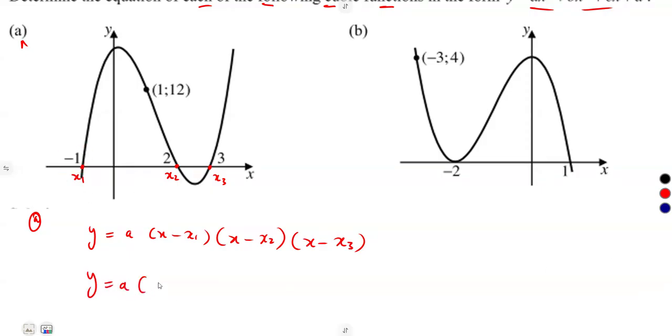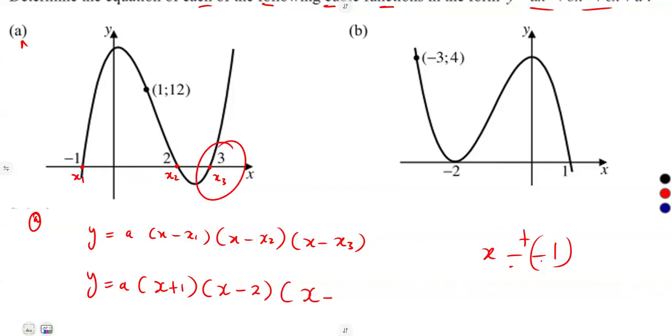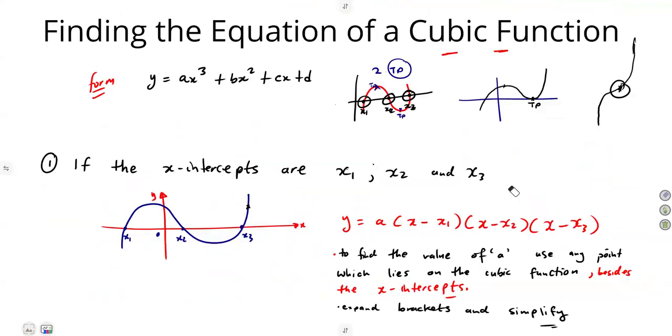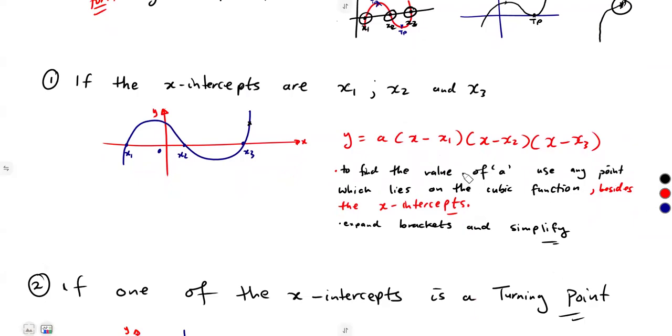So that's a into x minus our x1, which is a negative, so negative will give us a positive. All right, x minus x2, the second root, our x2 is 2. So that's x minus 2 into x minus our x3. The third root is 3. So this is what you have. And like I said, from that, you can determine or find the value of a.